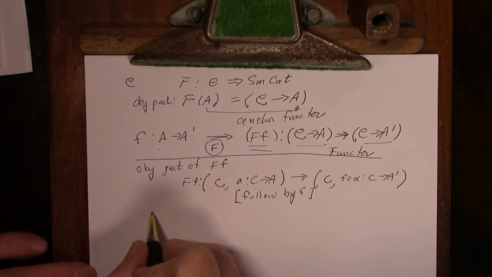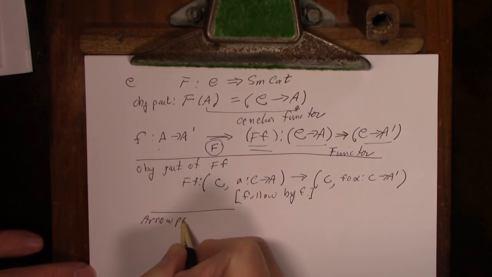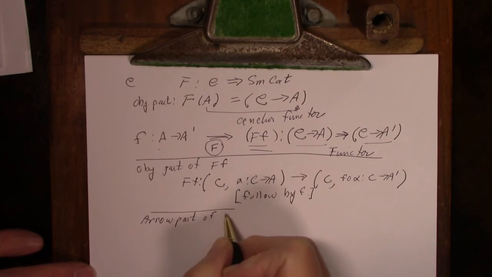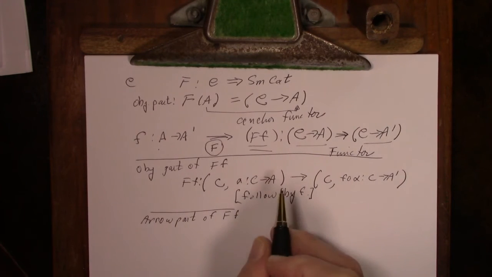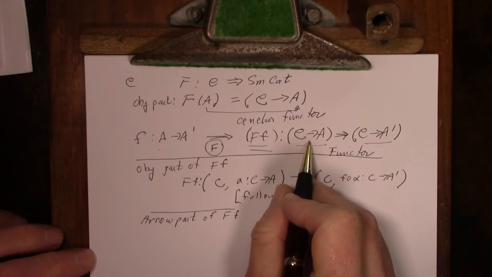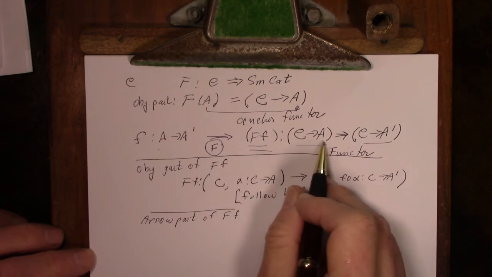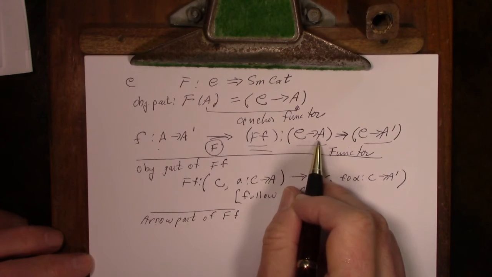Okay, now what about the arrow part of FF? That's going to map an arrow in here to an arrow in here. So let's review again what the arrows or morphisms here look like.